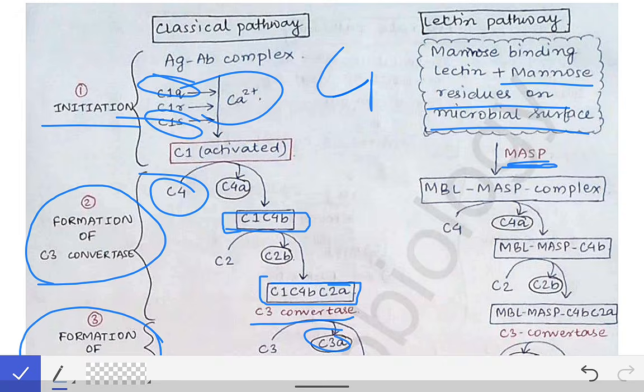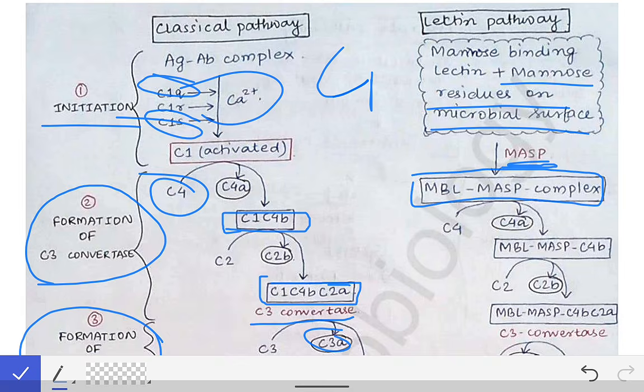Since this complex has serine protease activity due to the presence of MASP, it acts as an enzyme and breaks down C4 to C4b and C4a. Since C4b is a larger component, C4b is involved in the formation of further complex, and C4a gets out of the pathway and gets involved in some other functions.